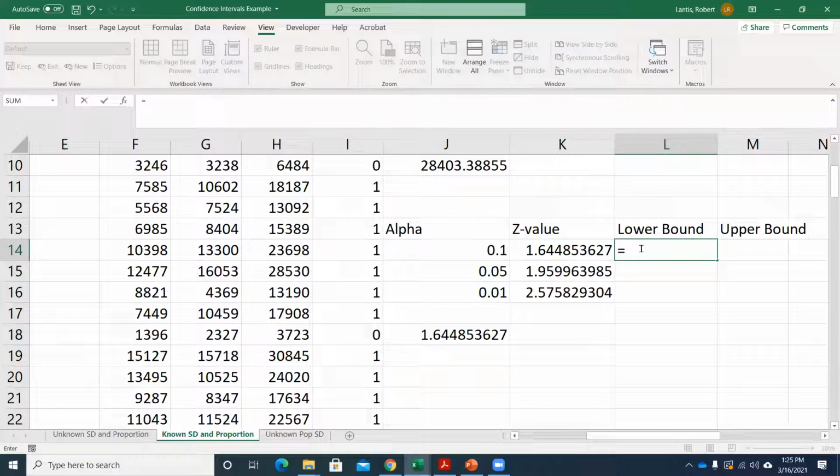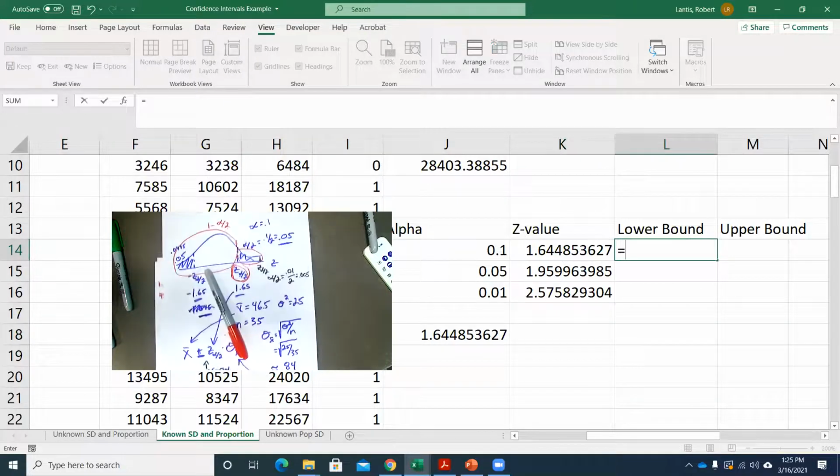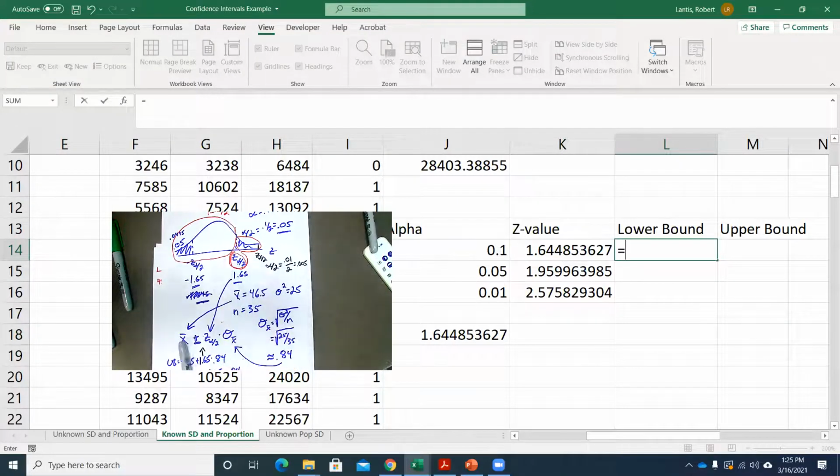And then here, when I'm finding my lower bound, it's really just using Excel to be a calculator, right? I know that to find my lower bound, I'll take my sample mean, upper bound plus that z-score that I already found in Excel, times the standard deviation of my sample means.